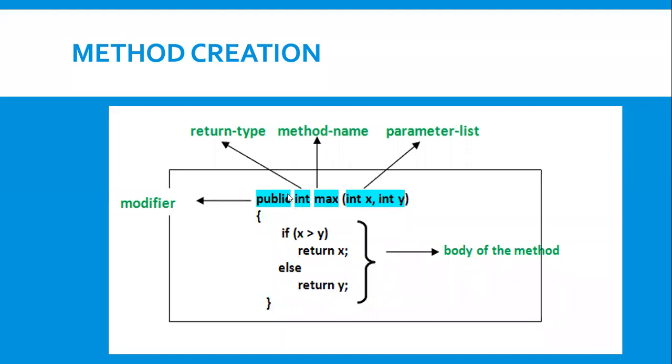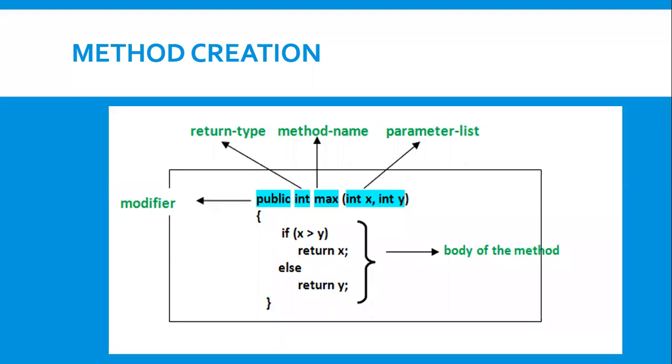Here public is called a modifier. I'll talk about these modifiers later. Here you may use either public, private, protected, or default. If you don't mention any specific modifier like public, private, or protected, then it is considered a default modifier.